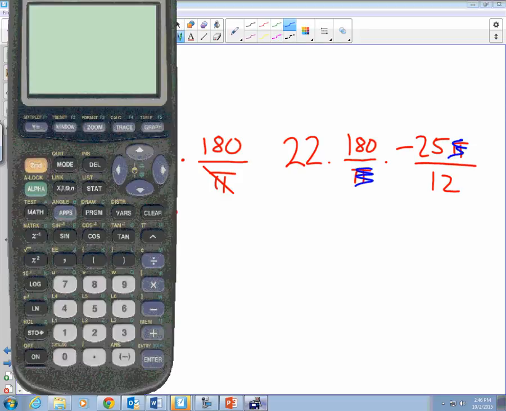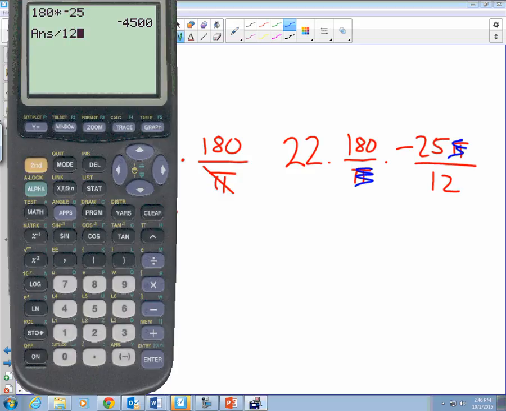And if you don't want to try to go through the math because you really don't know it, you can go to your calculator and you can take 180 times negative 25 divided by 12. Everybody see what to do? You want to do these conversions, and that's your assignment.